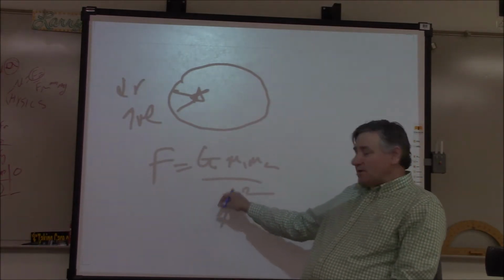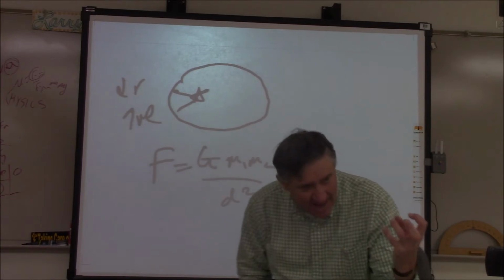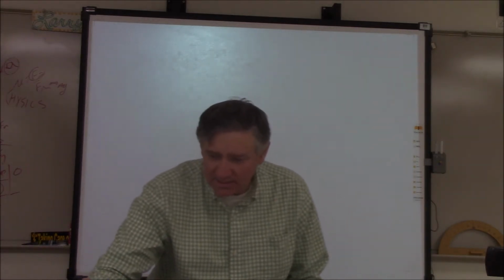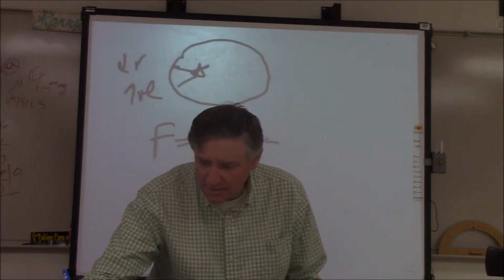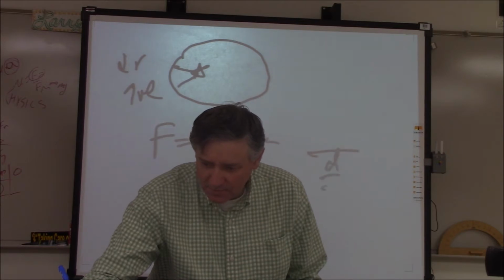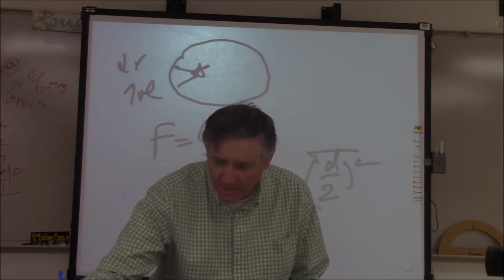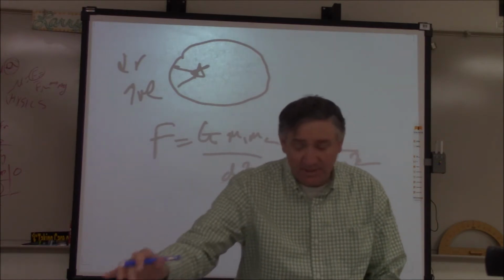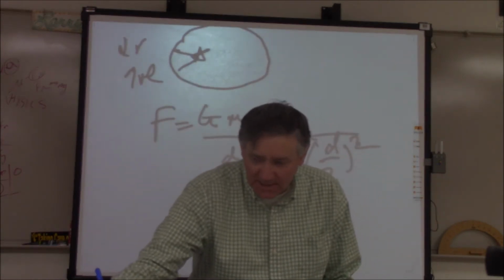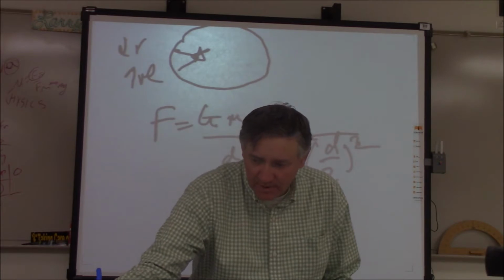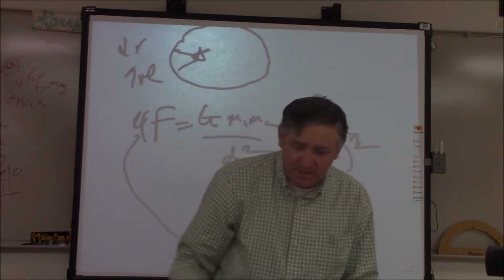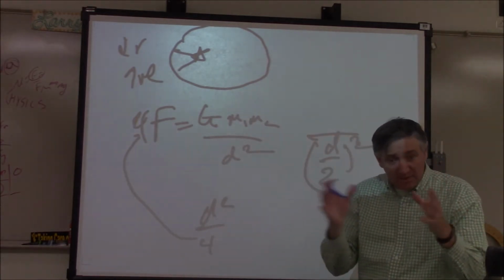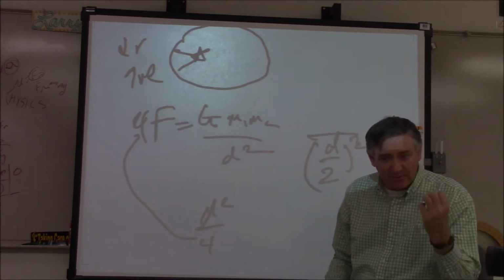Because this is squared, if you cut that distance in half, so if you change that to d over 2 quantity squared, and you're going to see a whole bunch of things that we're going to talk about today that relate to this. That's like saying that's d squared over 4. The 4 flips up, and you would increase the gravitational field by a factor of 4.